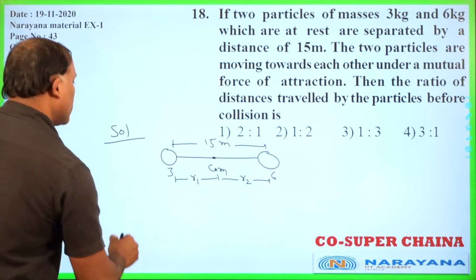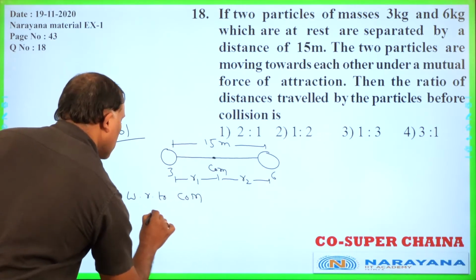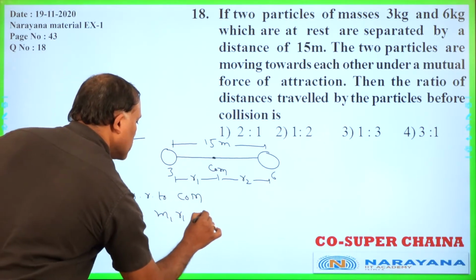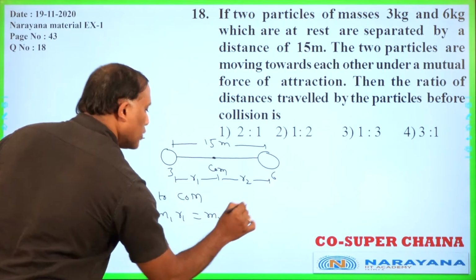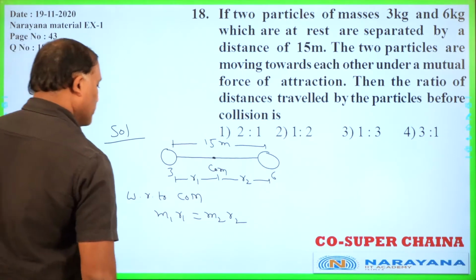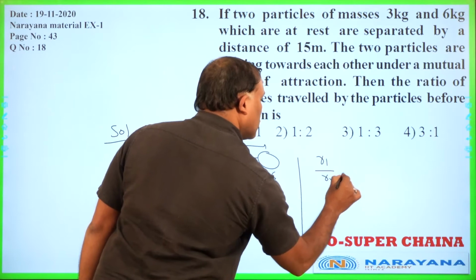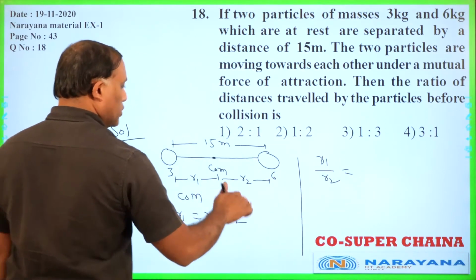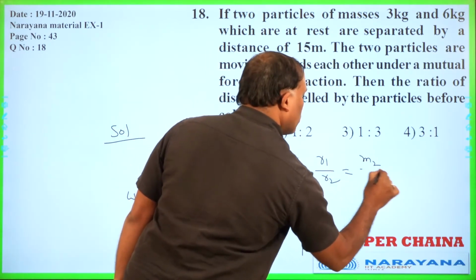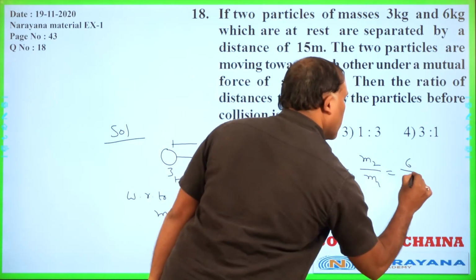Now with respect to the center of mass, m1 r1 is equal to m2 r2. So, r1 by r2 is equal to m2 by m1, that is 6 by 3.